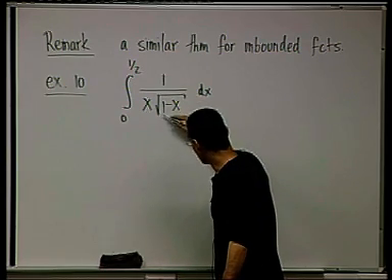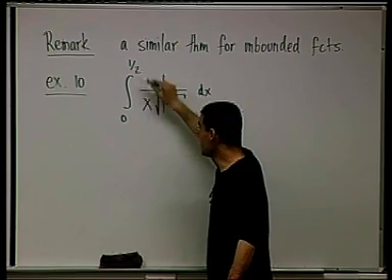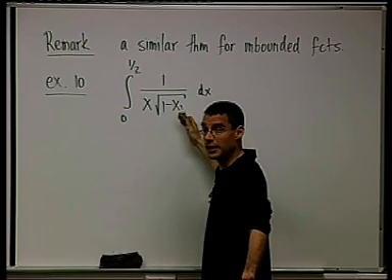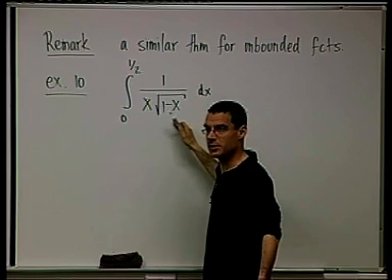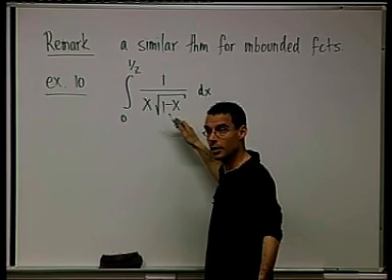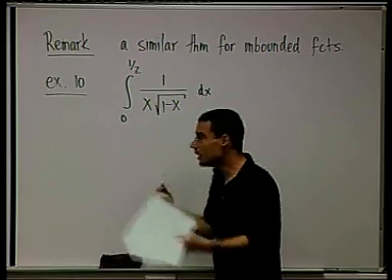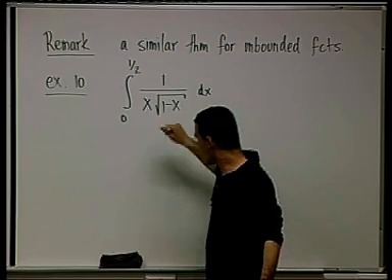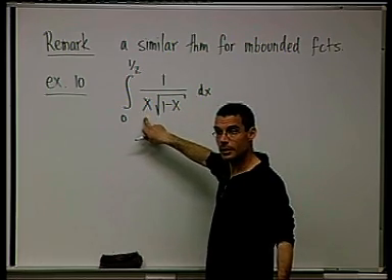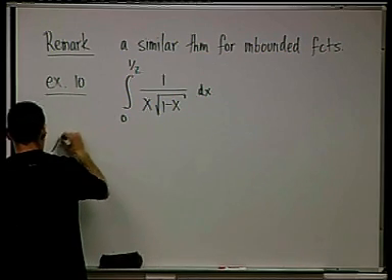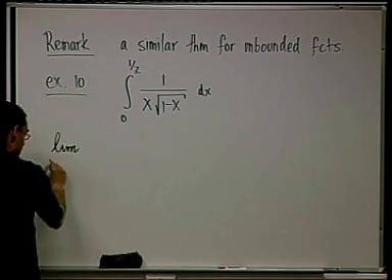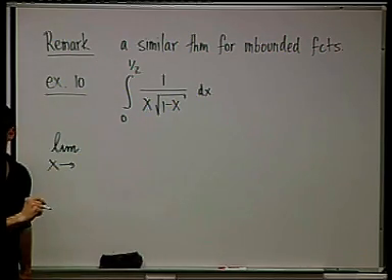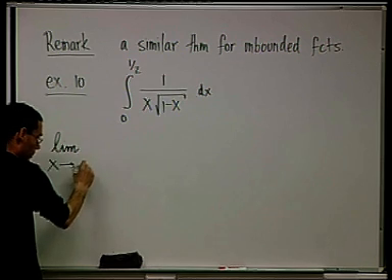Because this factor, root of 1 minus x, on this interval, when x is allowed to range between 0 and 1/2, is a bounded factor. Even 1 over it is bounded. That's what's really important. Okay, so it doesn't contribute to the improperness of the integral. This is what's causing that unboundedness. Okay? So the limit, as x approaches, and this is this remark, the similar version for unbounded functions, so I have to approach the point where I'm unbounded.